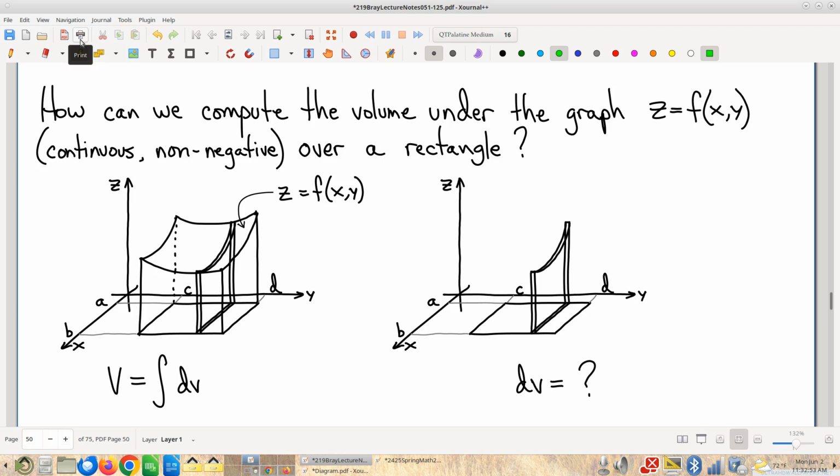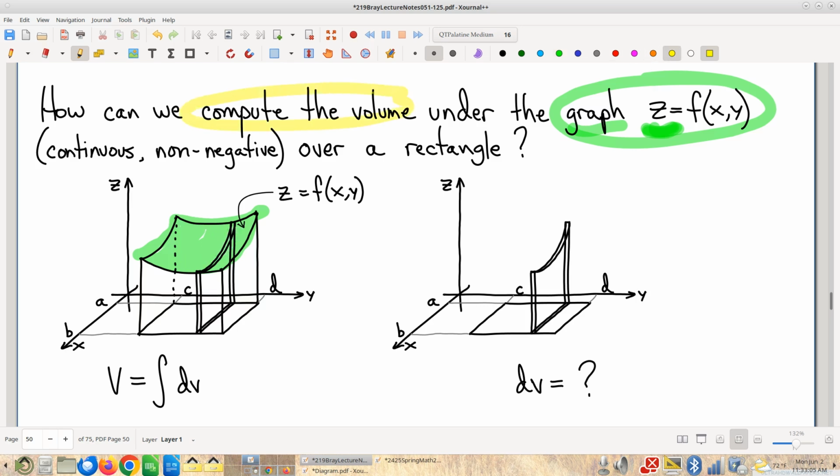Here, we're going to look at a graph surface, and instead of asking for the area under the curve, we're going to look for the volume under that surface. Everybody see the question? Everybody see how this is analogous in some sense? So it seems like a reasonable first question to ask.